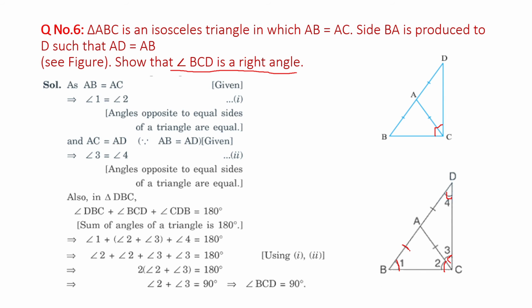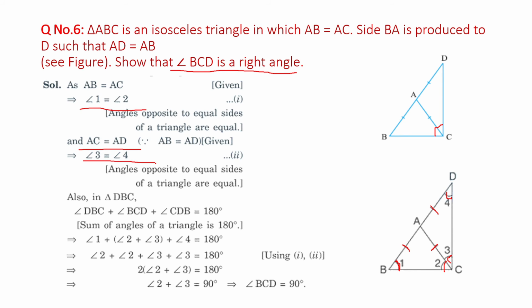So angles opposite to equal sides are equal, so angle 1 is equal to angle 2. AC is equal to AD because AB is equal to AC and AB is equal to AD given. If AC is equal to AD, then angle 3 is equal to angle 4, angles opposite to equal sides are equal.